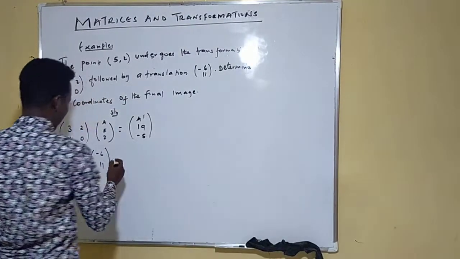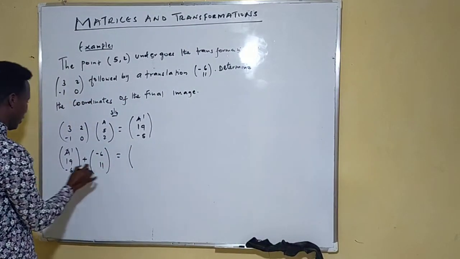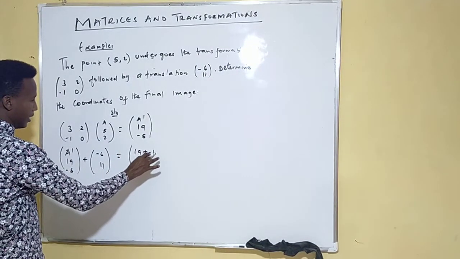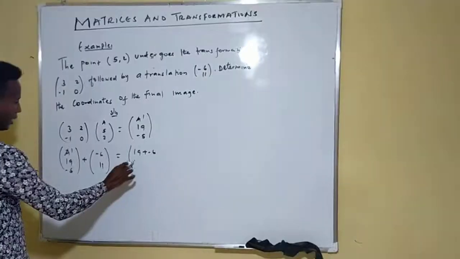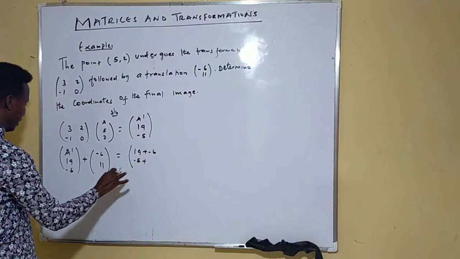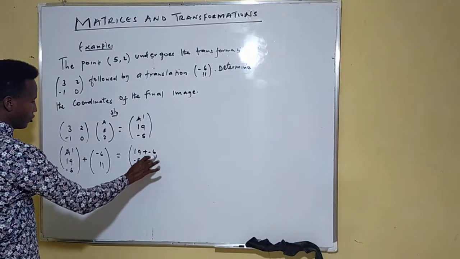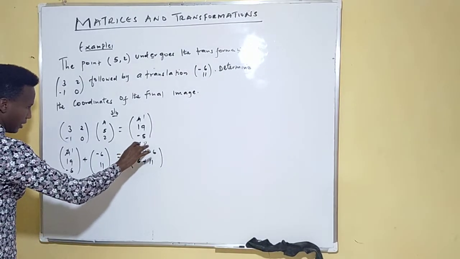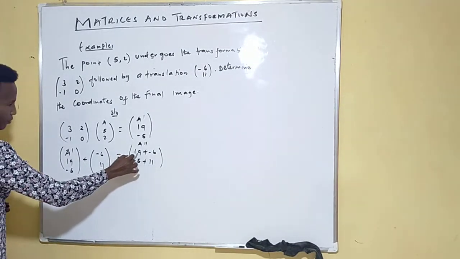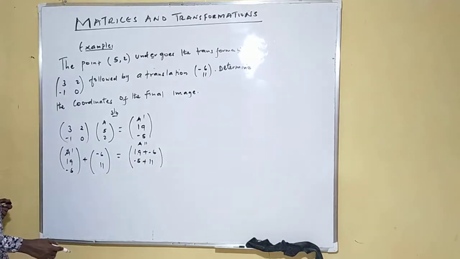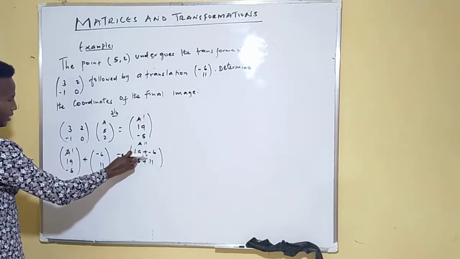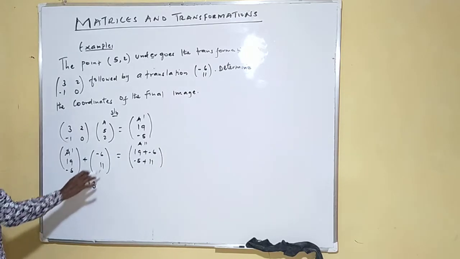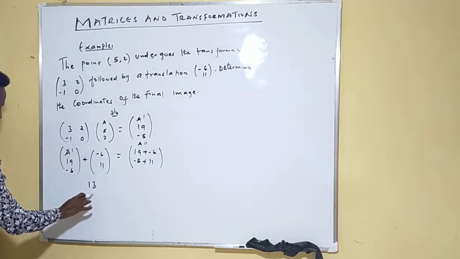So we say 19 plus negative 6, again negative 5 plus 11. This will give us A double prime. So 19 minus 6, which is 13, then adding these two, that is 6.